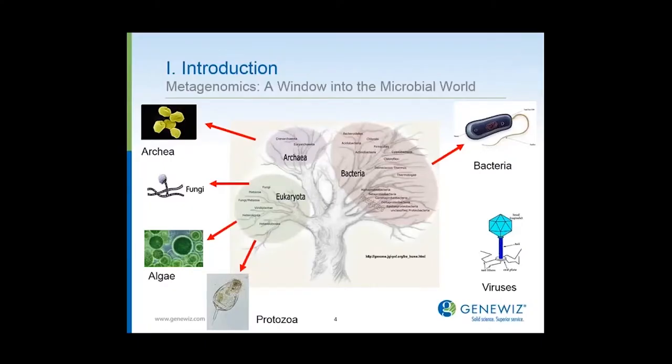Since all microbes and viruses contain either DNA or RNA, metagenomics is a window into the full microbial world. It sheds light on all three domains of the tree of life: bacteria, archaea, and eukaryotes, as well as viruses. Metagenomics can also be used to analyze larger eukaryotes, whether it's dinosaurs or even human beings, for forensic purposes.